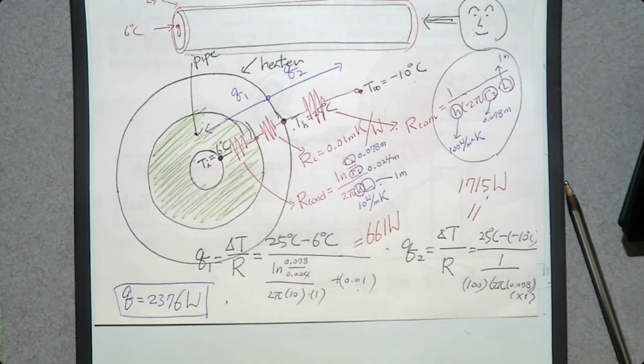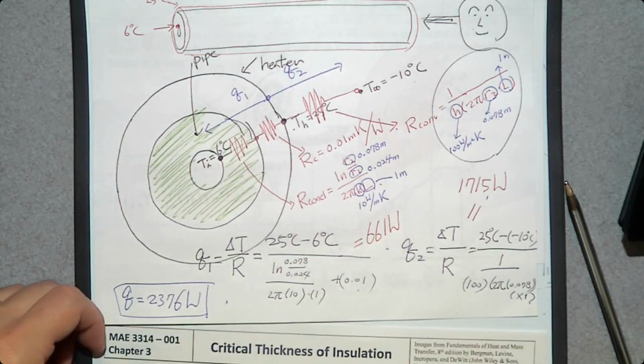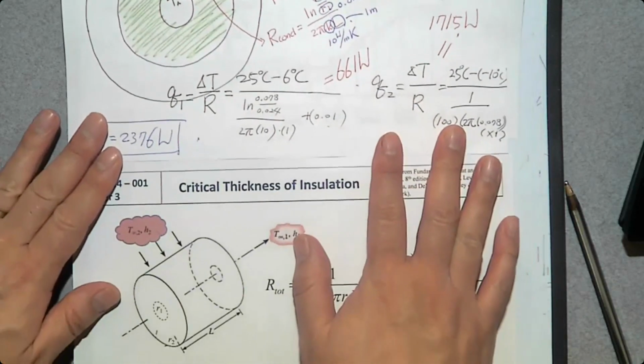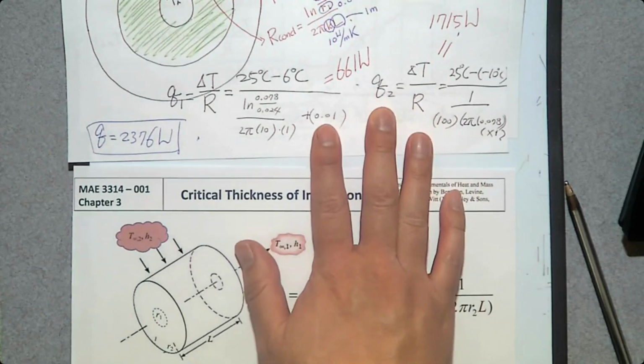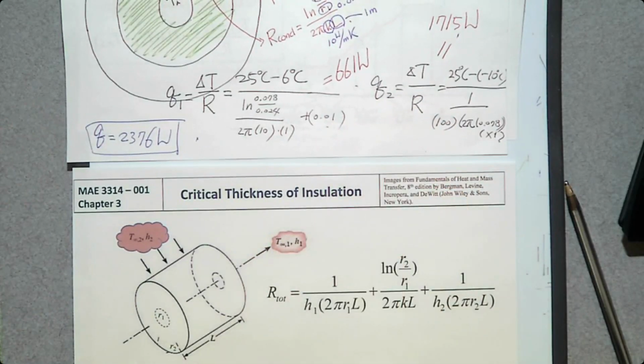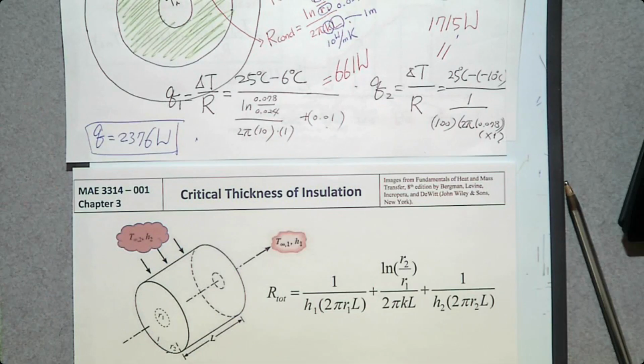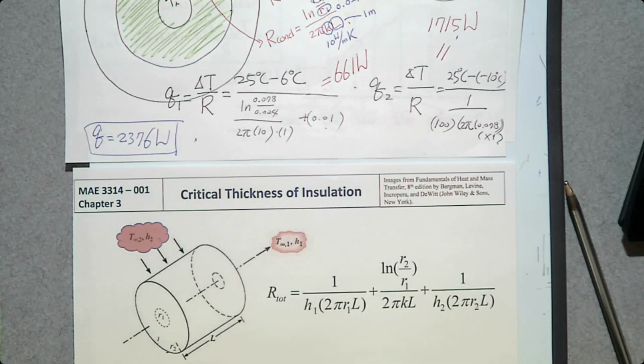But before we go in there, let's talk about one more thing, which is called critical thickness of insulation. What is critical thickness of insulation? We don't know yet. That's what we want to study, right?